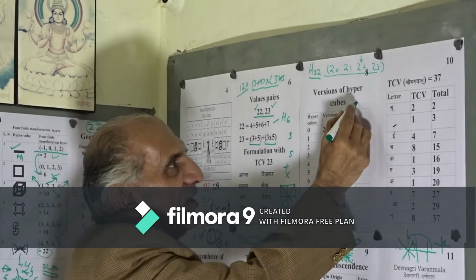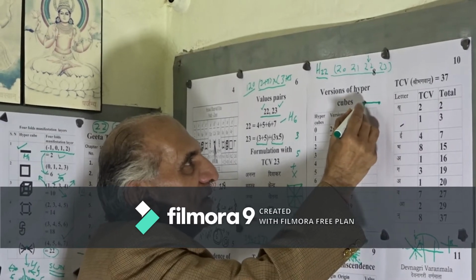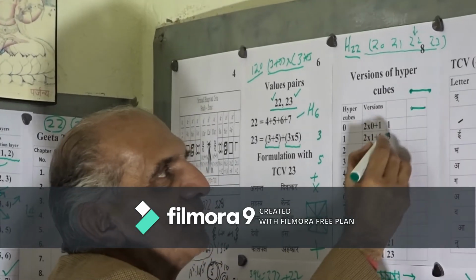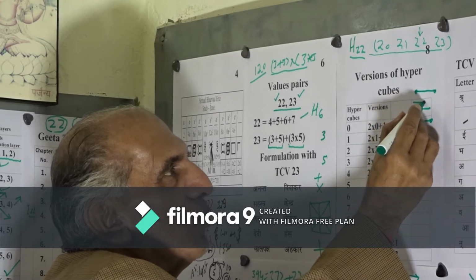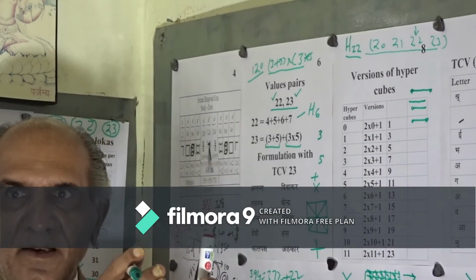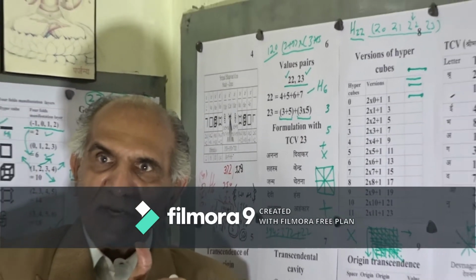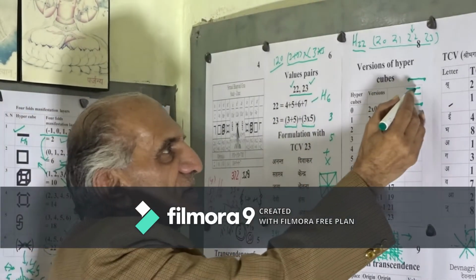As we have an interval with a pair of endpoints, it has three versions: when there is only one endpoint, when there is a pair of endpoints, and when there is no endpoint. Interval without endpoints, interval with one endpoint, interval with a pair of endpoints. These become three versions.